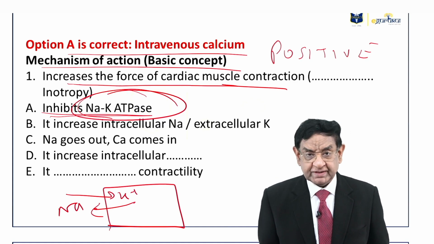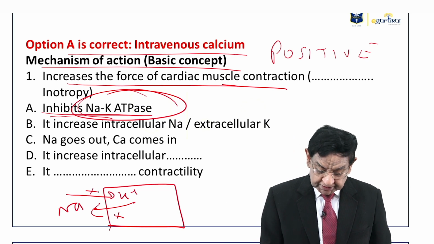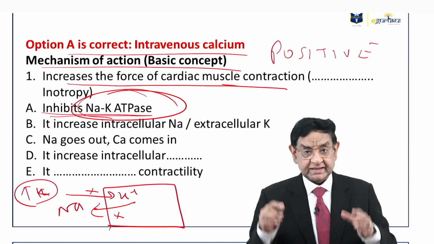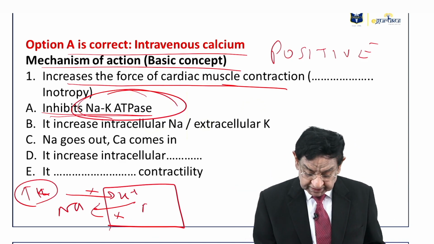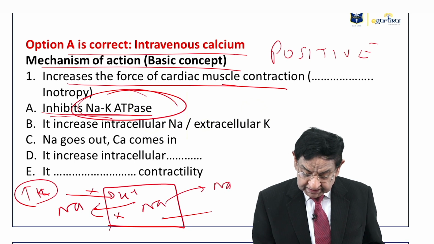So when this enzyme is inhibited, sodium cannot go out and potassium cannot come in. Potassium will remain outside, which leads to hyperkalemia, and sodium will remain inside. There is an increase in the sodium concentration inside. Now this sodium will go out and calcium will come in via the sodium calcium exchanger.